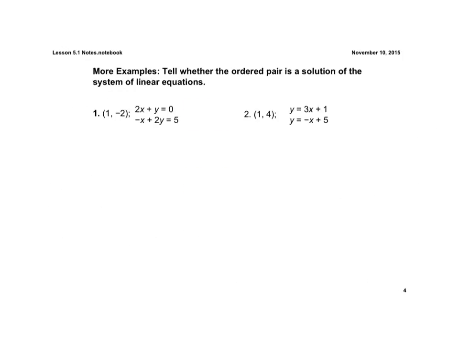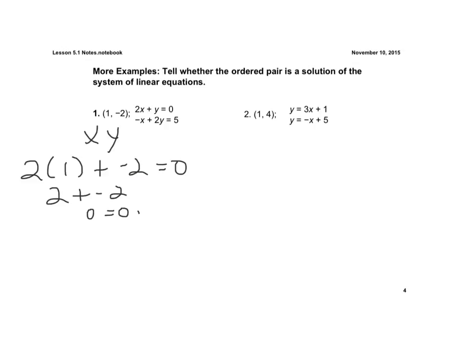If we look at a couple more examples here, if you want to pause this and try these, you can, but I'm going to go ahead and work these right away. Again, we substitute the x and the y in for each equation. So 2 times 1 plus negative 2 has to equal 0. Well, 2 times 1 is 2, plus negative 2 is 0. 0 equals 0. That checks.